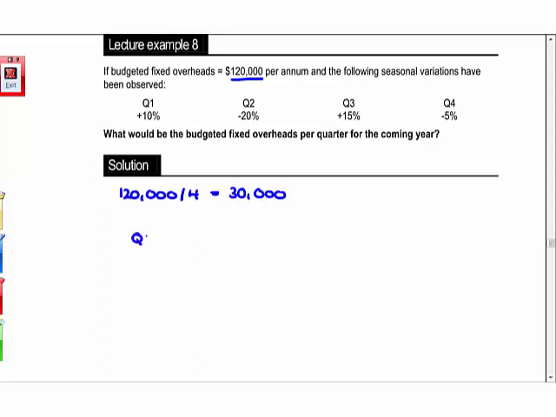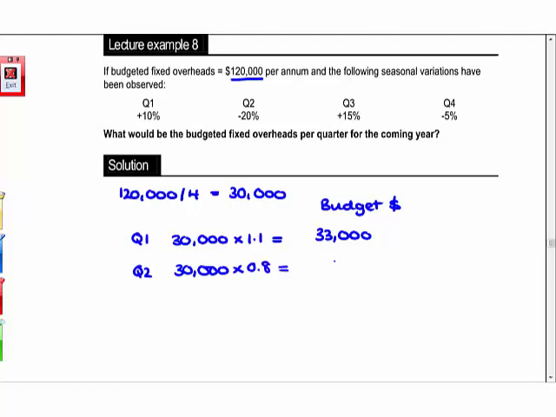So for quarter 1, it's going to be 10% above. So again, using the multiplicative model, that will be multiplied by 1.1. So that will give us 33,000 in our budget. For quarter 2, it's 20% below. So we need to multiply it by 0.8. So that will give us a prediction of 24,000.